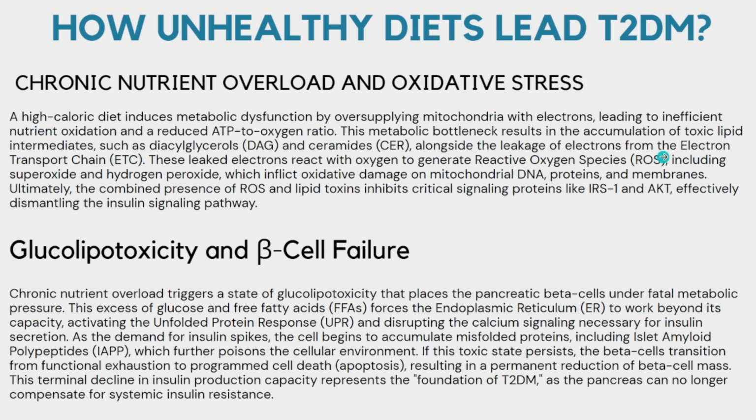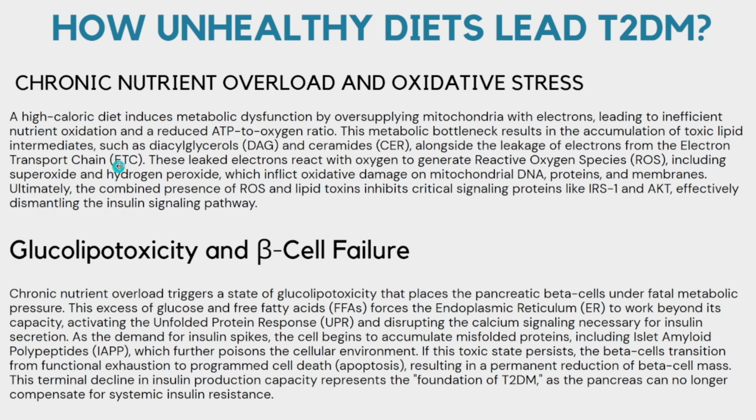Alongside the leakage of electrons from the electron transport chain. Your cell cannot process the excess nutrients efficiently, so it begins to accumulate these two kinds of toxins.